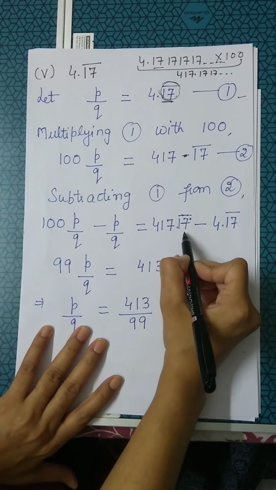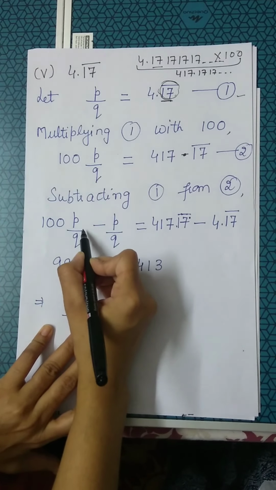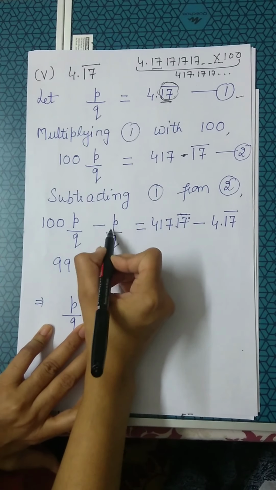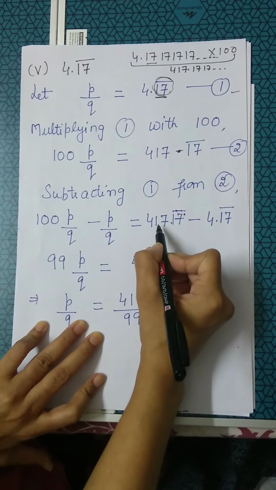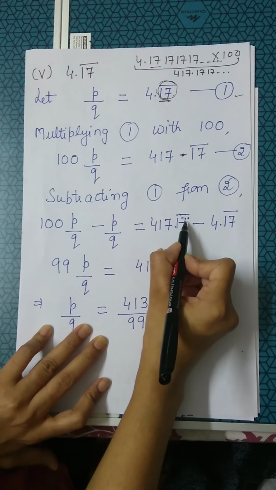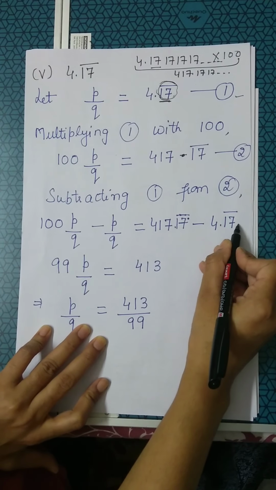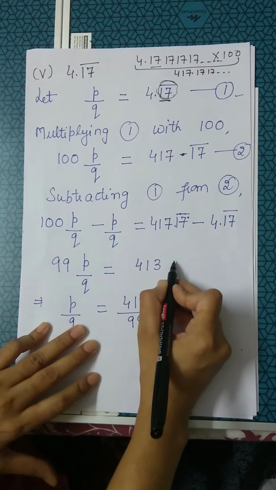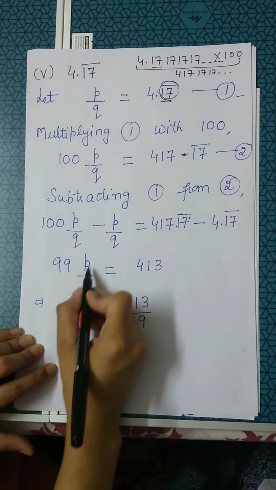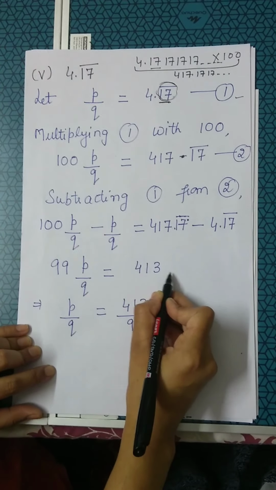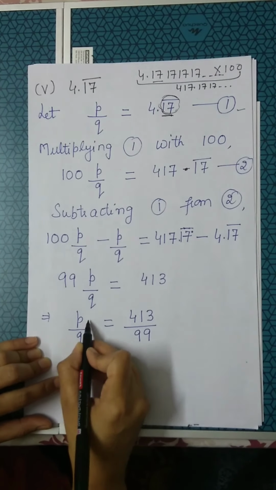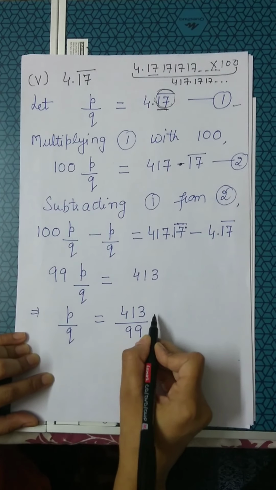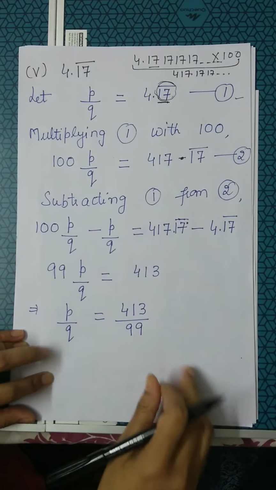If I subtract, I will get 100 P over Q minus 1 P over Q equals 417.17 bar minus 4.17 bar. Solving, I will get 99 P over Q is equal to 413, and this implies P over Q can be written as 413 upon 99.